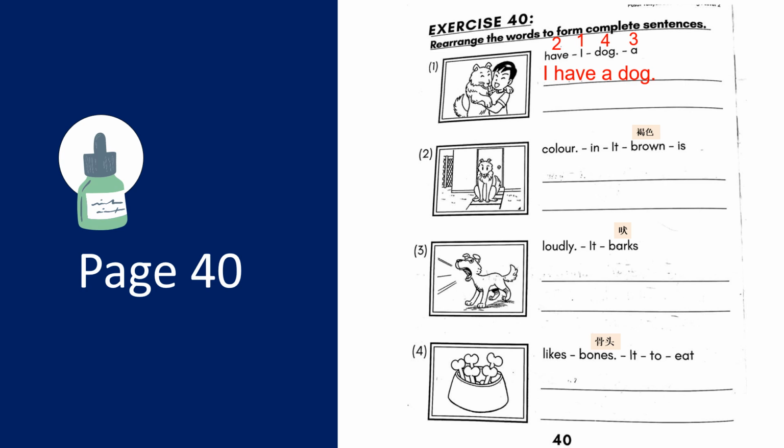So always remember subject and then verb. Okay, subject and then verb, and then after that you look at the rest of the words. Okay, so can you take a look at number 2? Color. In, it, brown, is.